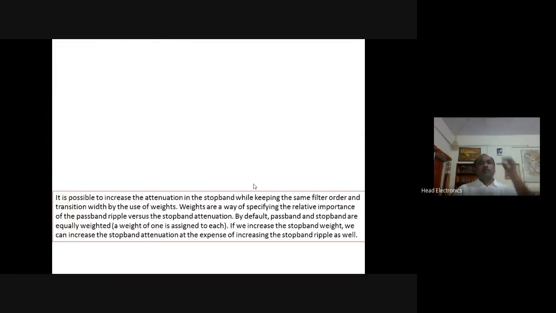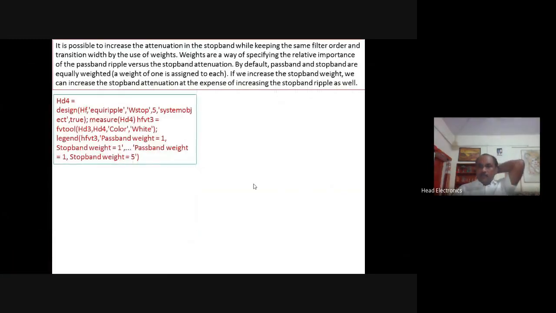It is possible to increase the attenuation in the stop band while keeping the same filter order and the transition width by use of the weights. Here we can increase the attenuation in the stop band having the same order and the same transition width by use of the weights.